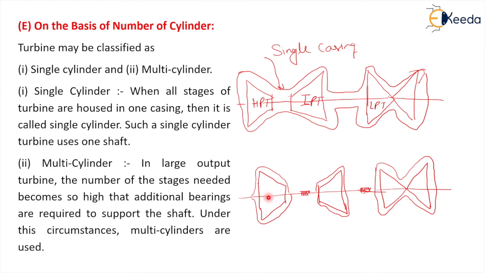And if these turbines are not enclosed in a single cylinder, then all these turbines will be called multi-cylinder turbine. You see here, this HP turbine is enclosed in one cylinder, this is in another cylinder, this is in another cylinder, and this is the bearing. These are the bearings to support this shaft and this shaft and this shaft. So this is the multi-cylinder steam turbine.